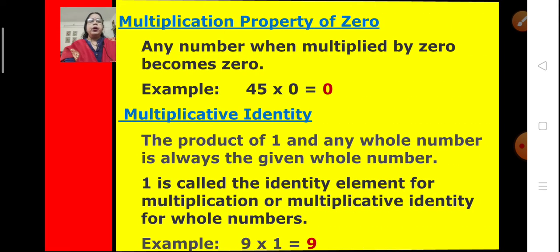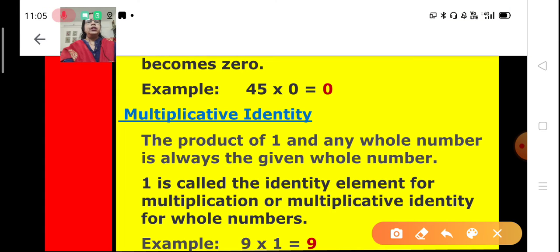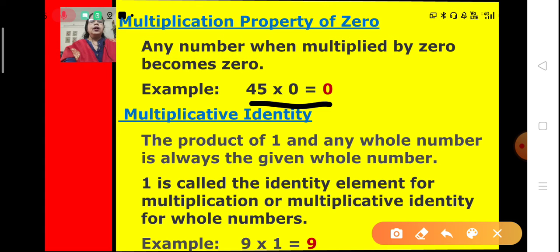Now the multiplication property of 0. We know that any number when multiplied by 0 becomes 0, isn't it? Multiply any number with 0, the number will become 0. This is the multiplication property of 0. And what is the multiplicative identity? We have discussed it earlier. The product of 1 and any whole number is always the given whole number.